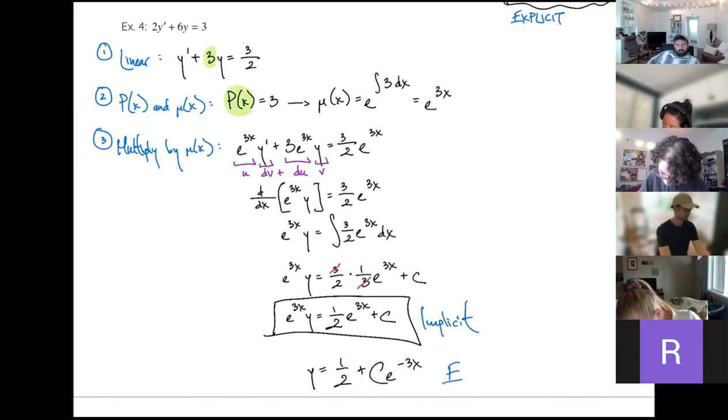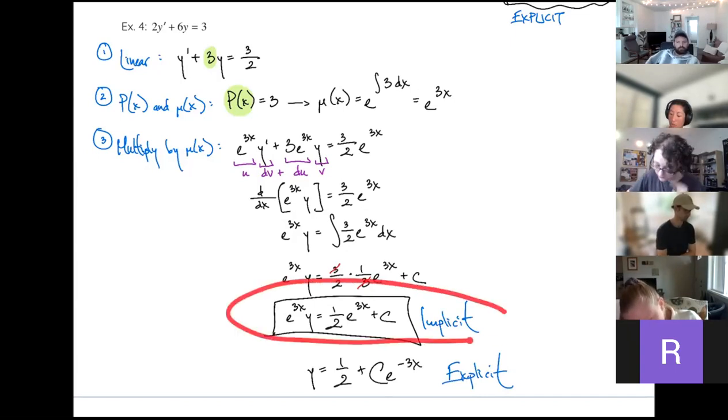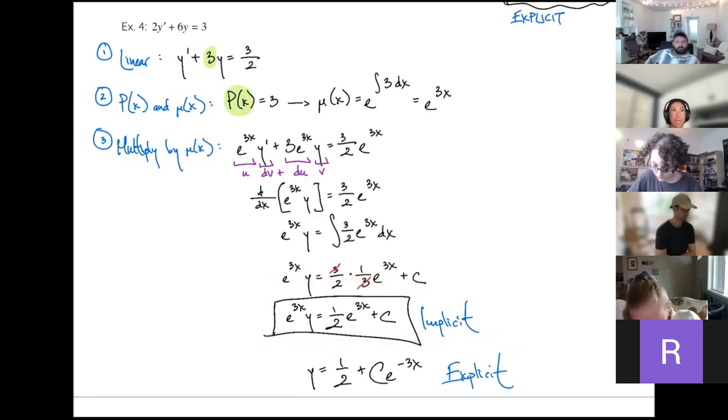This would be our explicit solution. I think in the answer keys, I typically leave them as implicit. So if you get to this point, you should be able to match what I have on an answer key. And if you choose to go further, I trust you to do that algebraic simplification.